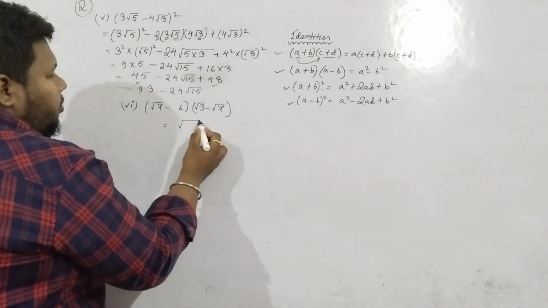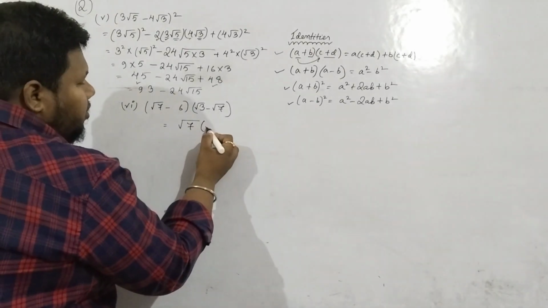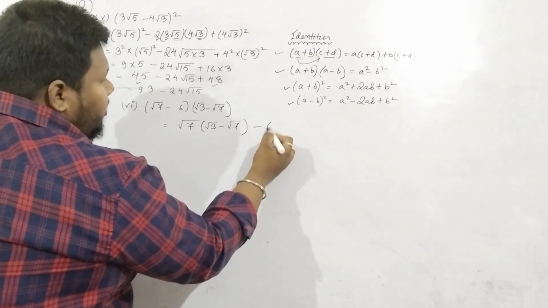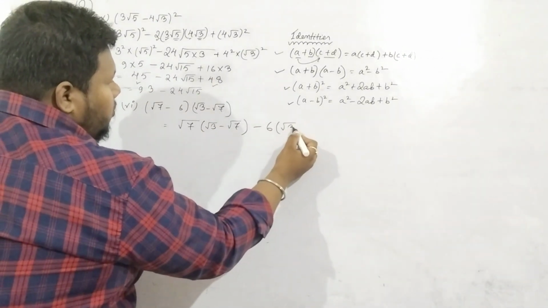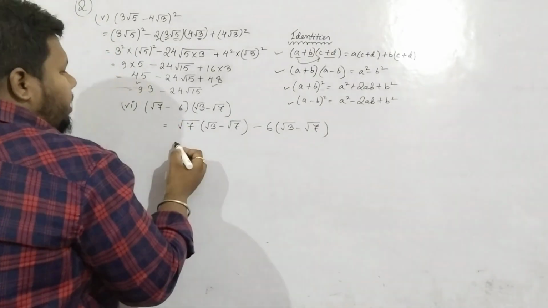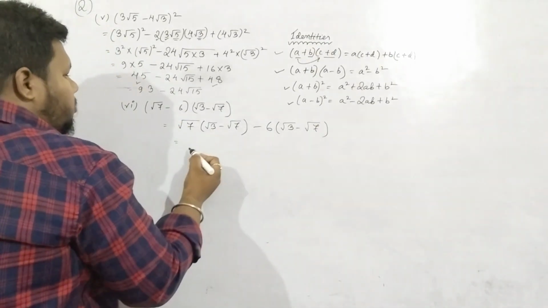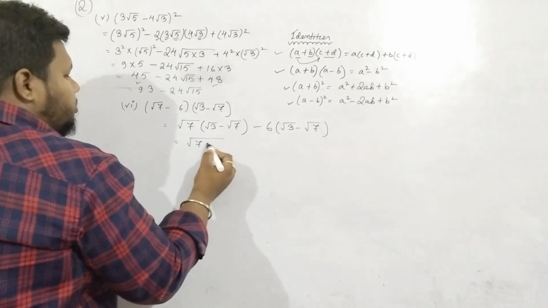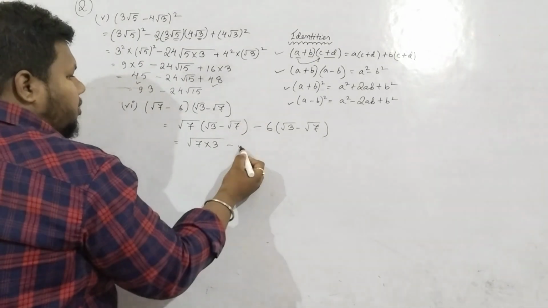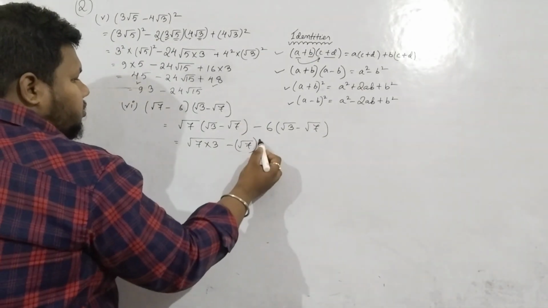So what we'll do: root over 7 into this whole thing, root over 3 minus root over 7, again minus 6 into root over 3 minus root over 7. Then root over 7 into root over 3, both will come under the same square root. Again root over 7 into root over 7 is root over 7 square.